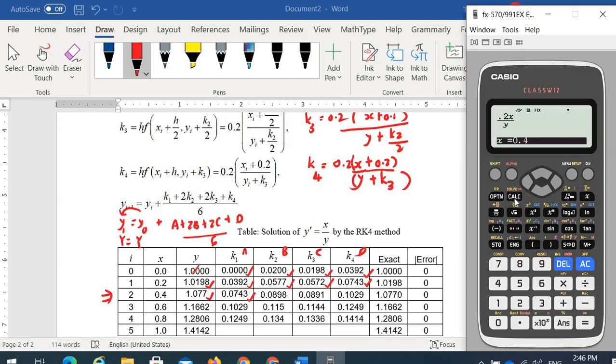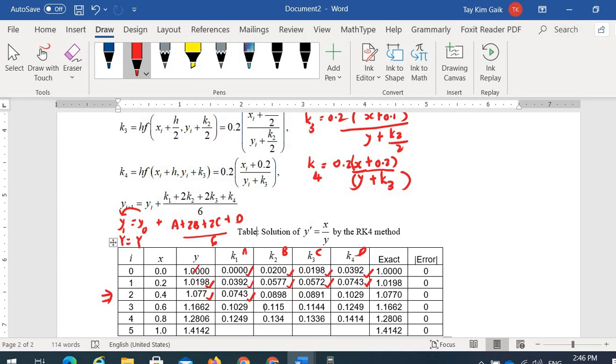Calculate again to get your K2. For K2, X is 0.4 plus 0.1, which is 0.5. Y for K2 is Y plus K1 divided by 2.